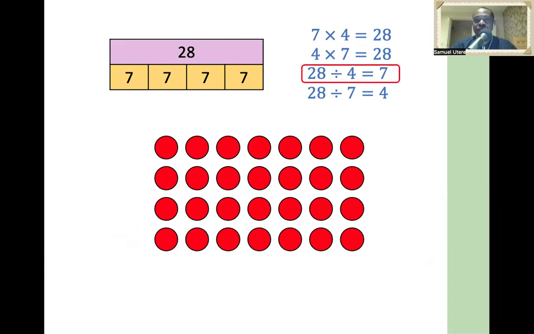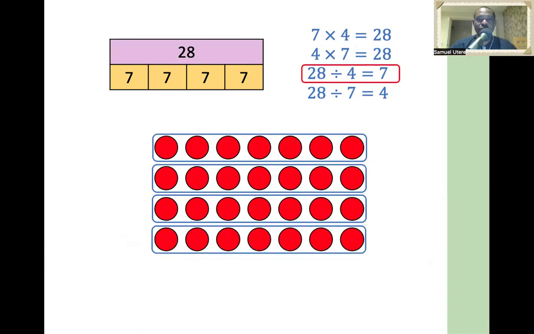All right. And here are some other facts we learned. If we were to have 4 in each group, we're going to have 7 of those groups to make 28. That's what this means. And then if we were to have groups of 7, then we're going to have 4 of those to make 28.